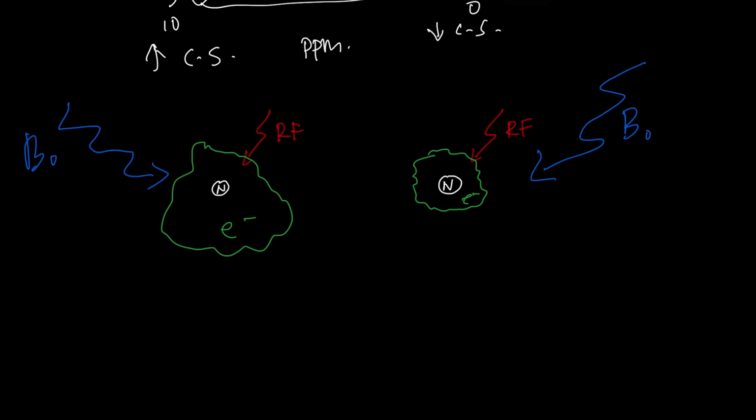So this electron cloud will weaken the strength of the magnetic field that we supply to the nucleus. For example, for these two nuclei, one with a thick electron cloud and one with a thin electron cloud, suppose they are supplied with the same strength of external magnetic field.